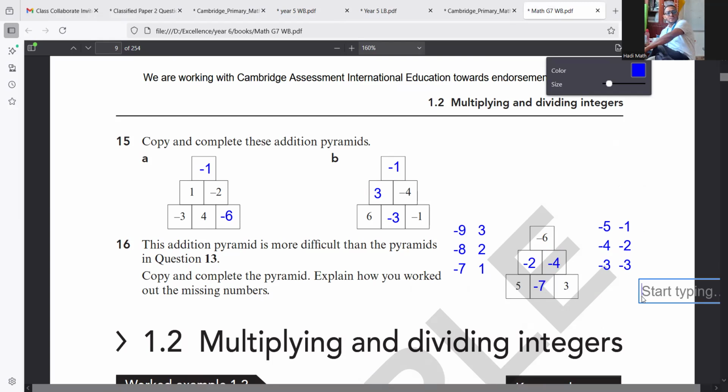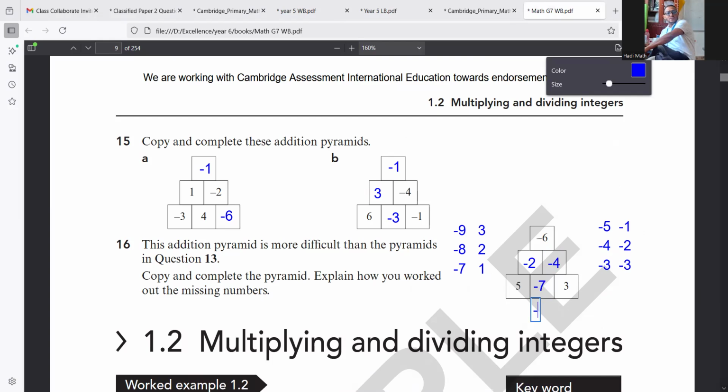Let's see if we choose, for example, another number than -7. If we choose here, for example, -8. I know -8 and 5 will give me -3. But -8 and 3 will give you -5. Then -5 and -3 is not going to give you -6.